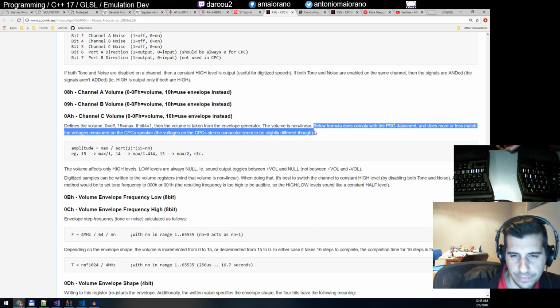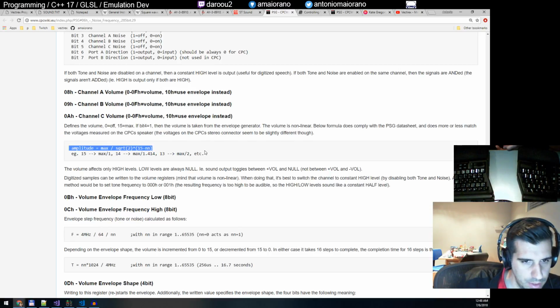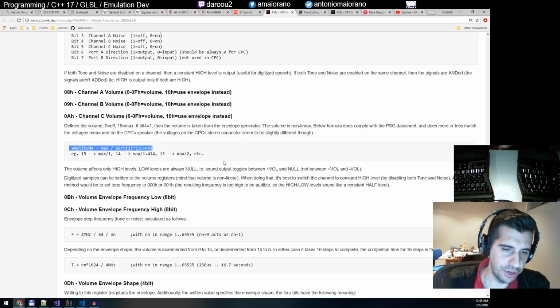That's interesting. The volume is non-linear. I should probably do this to convert it. That's interesting, because I'm definitely just treating it as a linear volume.